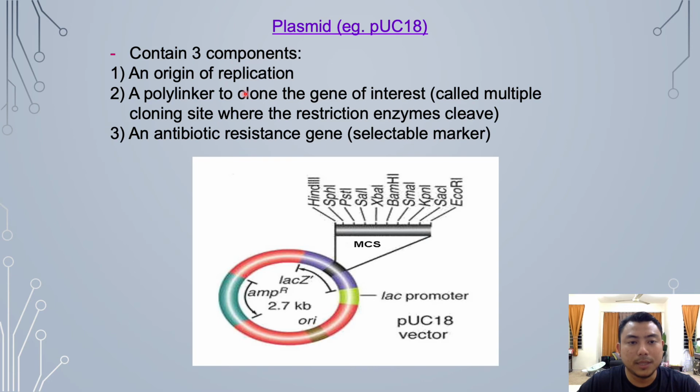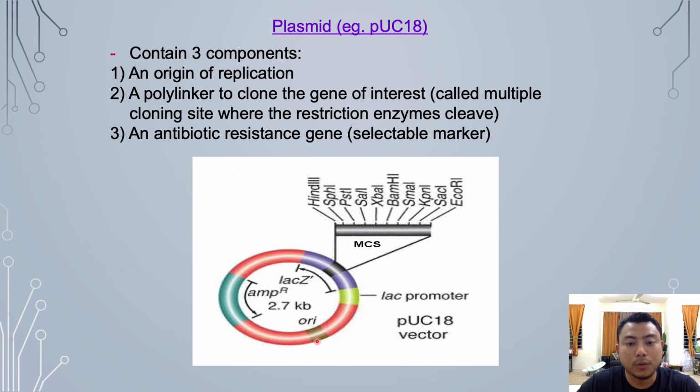For plasmid, it needs to contain 3 components. First, it must have an origin of replication, and then it needs to have a polylinker to clone the gene of interest. This is also called the multiple cloning site, where the restriction enzymes can cleave or cut. It also has an antibiotic resistance gene, i.e. a selectable marker. So, what is the origin of replication? This is the ori.